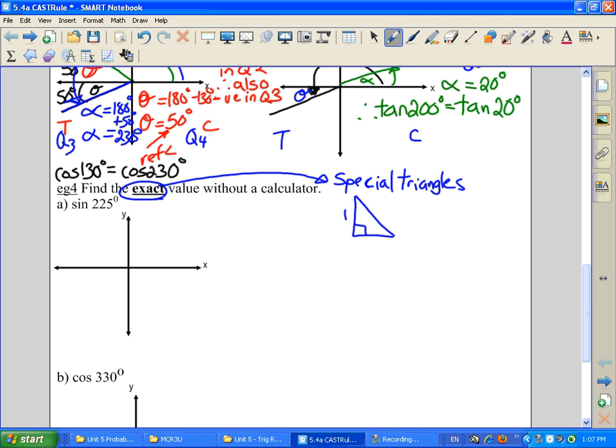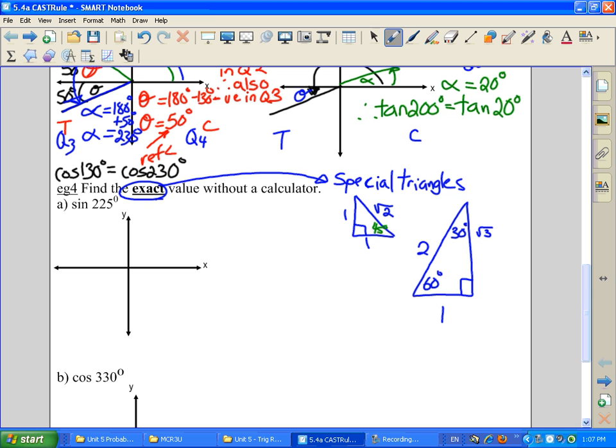So this is a 1, 1, root 2, and it's 45-degree angle. Your second one, maybe you draw it a bit bigger because it has more information in it. That's a 60, 30, root 3, 2, 1.